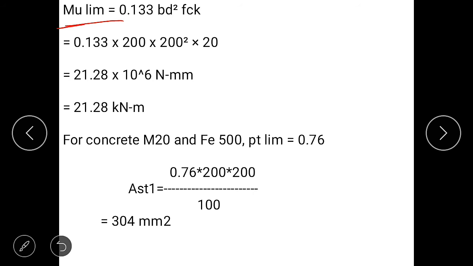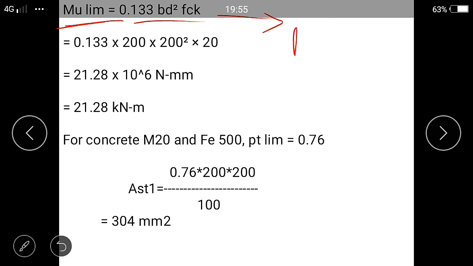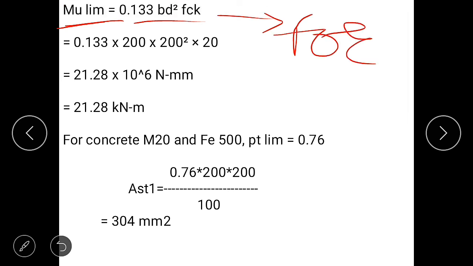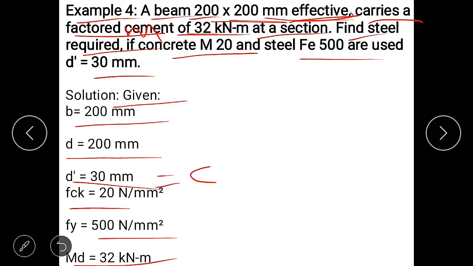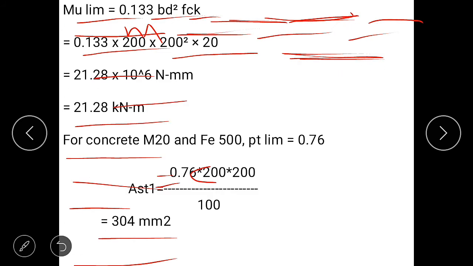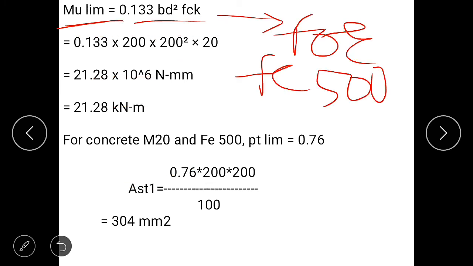Mu and Mu comparison. So Mu limiting is 0.133 bd square fck. Why do we take this? This formula is for Fe 500, our grade of steel is 500. If Fe 250 or Fe 415 is given, then another formula we already studied in part 1.